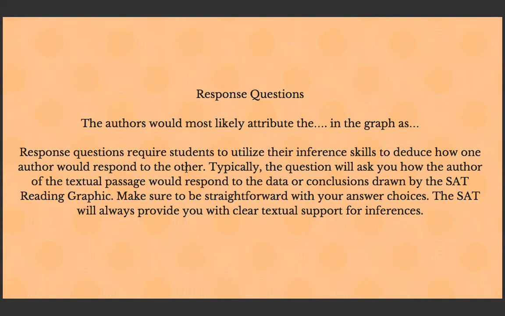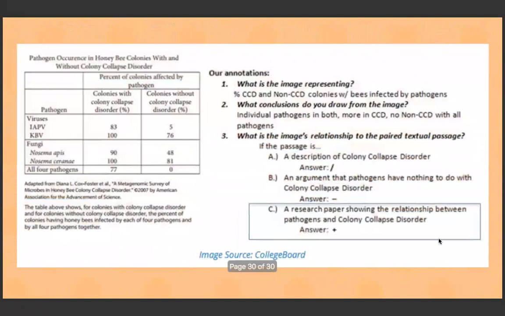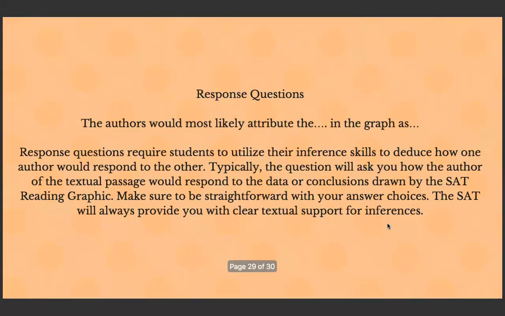But essentially what you would be looking at in terms of the response is that the research paper is showing a relationship between the pathogens and the colony collapse disorder. And essentially that's what you're looking at. And that's the relationship that you're trying to draw.